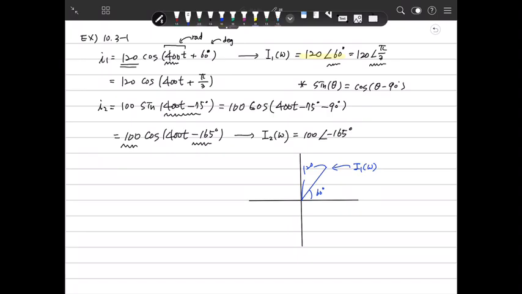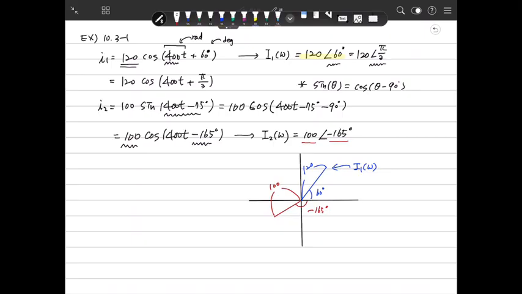And in the same way we can make I2. I2 magnitude is 100 and phase angle is minus 165. So the magnitude here will be like that: 100 and the angle is minus 165 degrees.